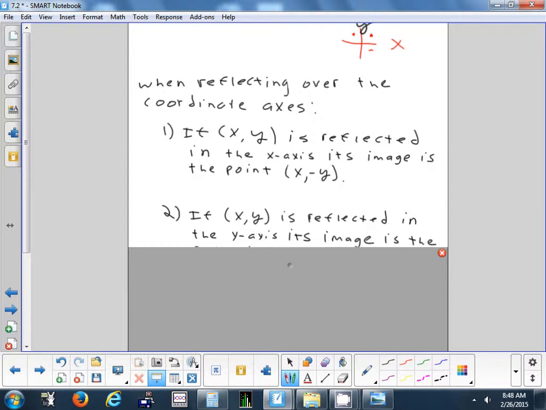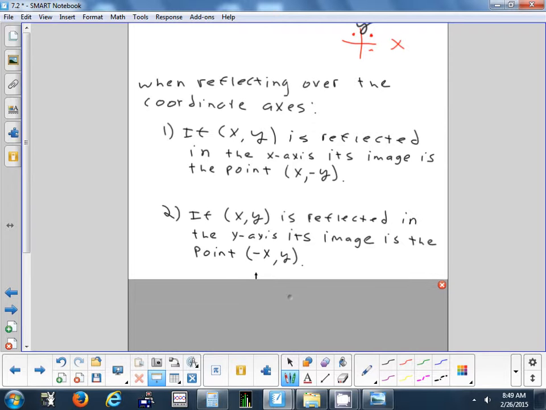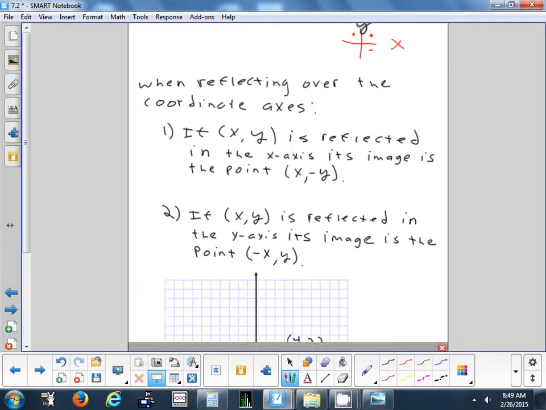Yeah, it's going to be (-x, y). When you reflect over the y-axis, the y value doesn't change. You're not changing the height. You're just changing where it was in terms of x. Now it's negative x.